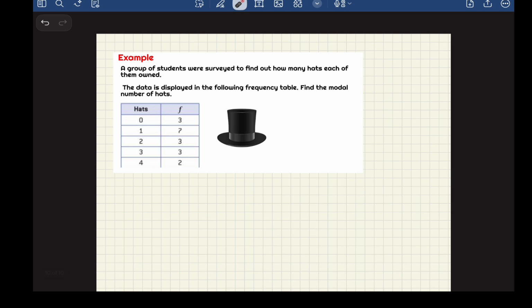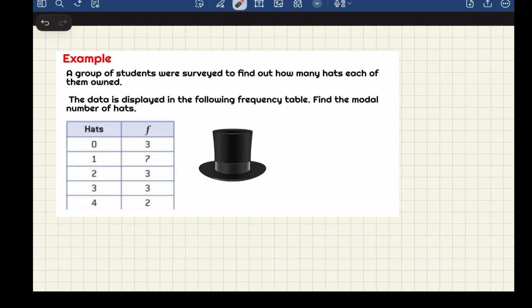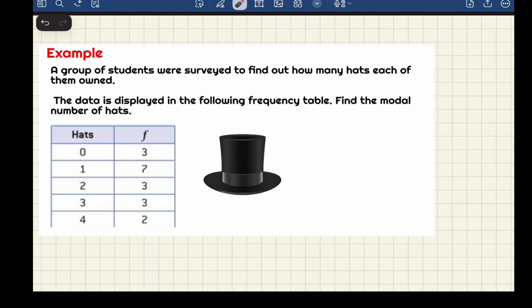Then, this is a different example. We can use frequency tables to identify the mode super easy. Again, the frequency is the number of repetitions. So if we have here, find the mode, number of hats. This table represents the people that have a hat.